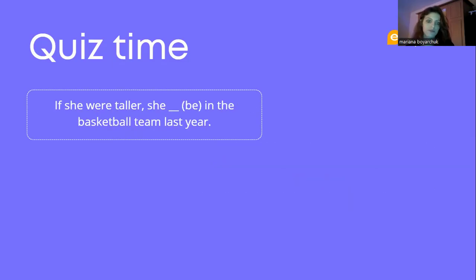Next one. If she were taller, she in the basketball team last year. If she were taller, it's something about us, like a general fact about our body, the thing that doesn't change. That's why it can be considered as present.